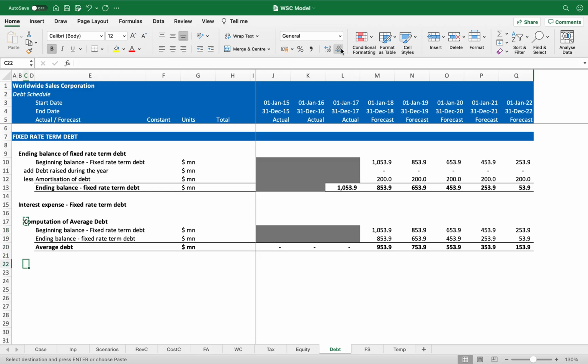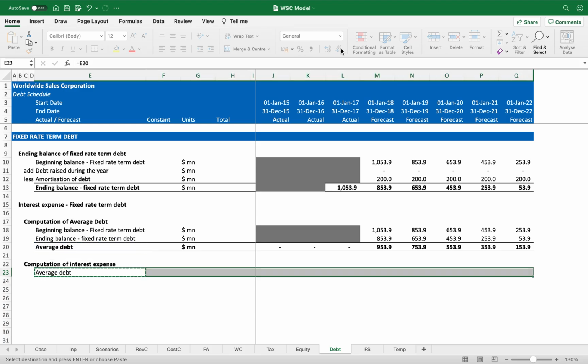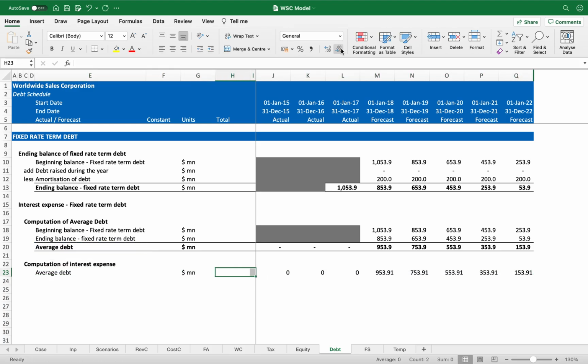Now I can compute my interest expense. I have average debt, just computed above.